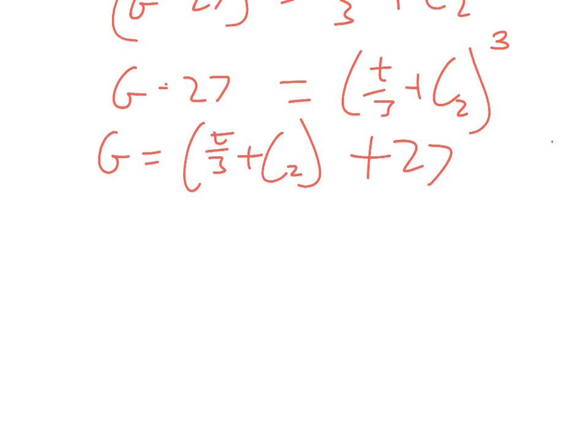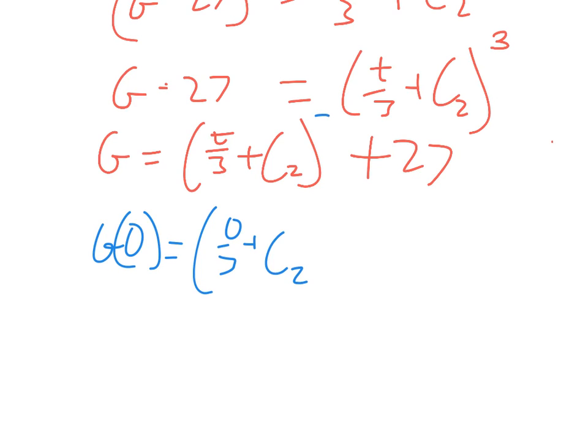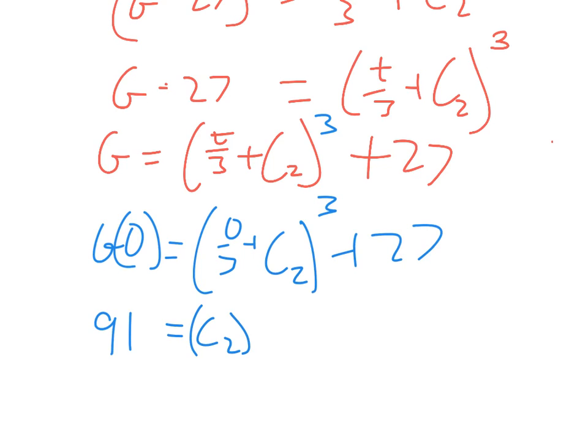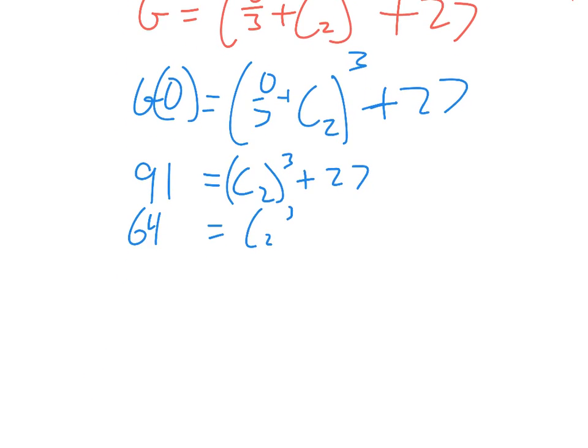So when t is 0, we're going to get this. G of 0 is going to be 0 plus C2, lost my cube there, cubed plus 27. And we know that this is 91, so that would be C2 cubed plus 27. Subtract 27 from both sides, okay, and we get 64 equals C2 cubed.